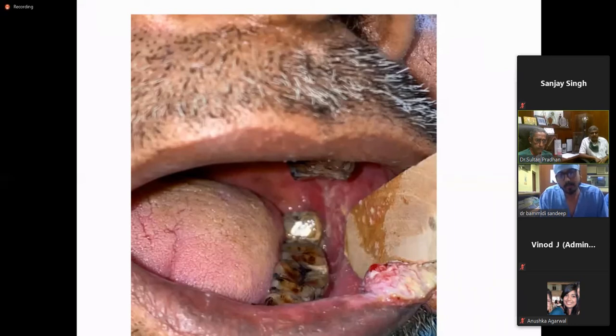You might have seen the nasolabial flap, which we are doing so often. Sir, nasolabial flap also can be done, sir. So this lesion is too big for an Estlander flap. Nasolabial may be possible, or it may not be possible.